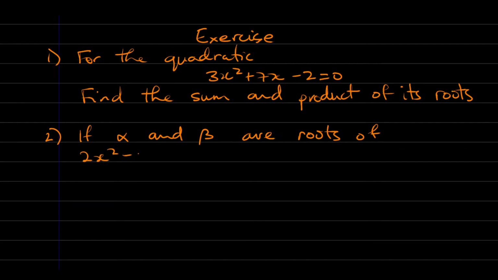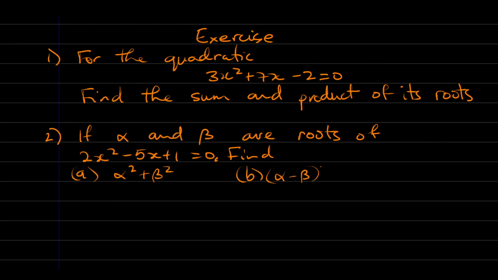And then for 2, you can say if alpha and beta are roots of 2x squared minus 5x plus 1 equals 0, I want you to find a) alpha squared plus beta squared and b) alpha minus beta squared. Let me just mention this quickly right now.